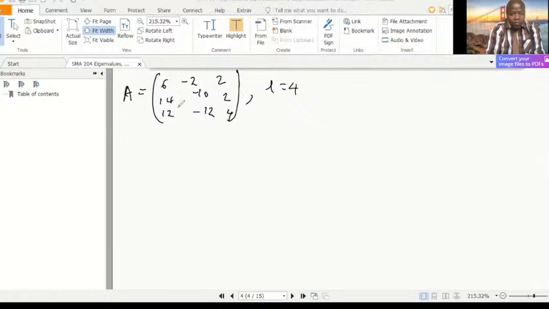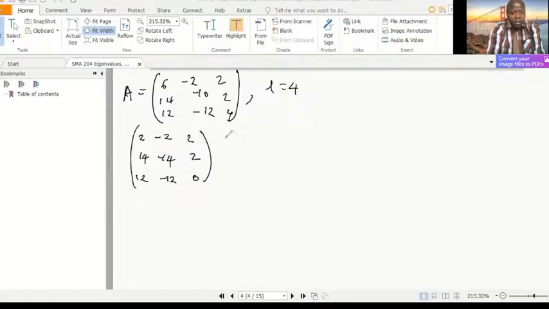When you subtract 4 from the leading diagonal, we'll have 2, negative 2, 2, and then 14, negative 14, and then 2, and this will be 12, negative 12, and then 0.